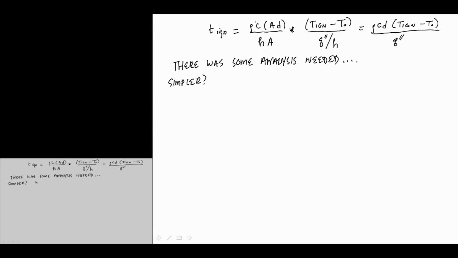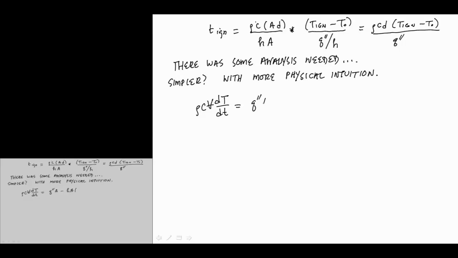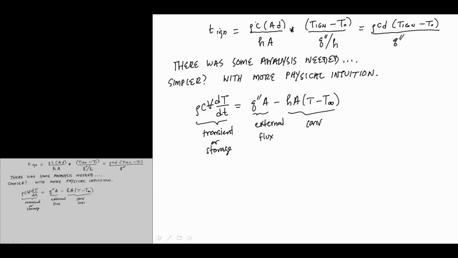With more physical intuition, we can go back to our original differential equation, rho C V dT/dt, where, again, the physics is storage or transient, this external flux, and this convective loss, and use what we started off with.